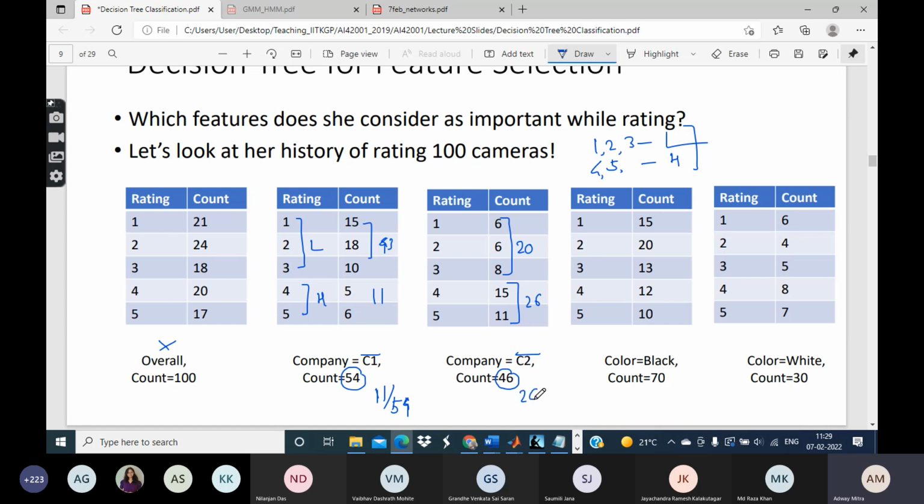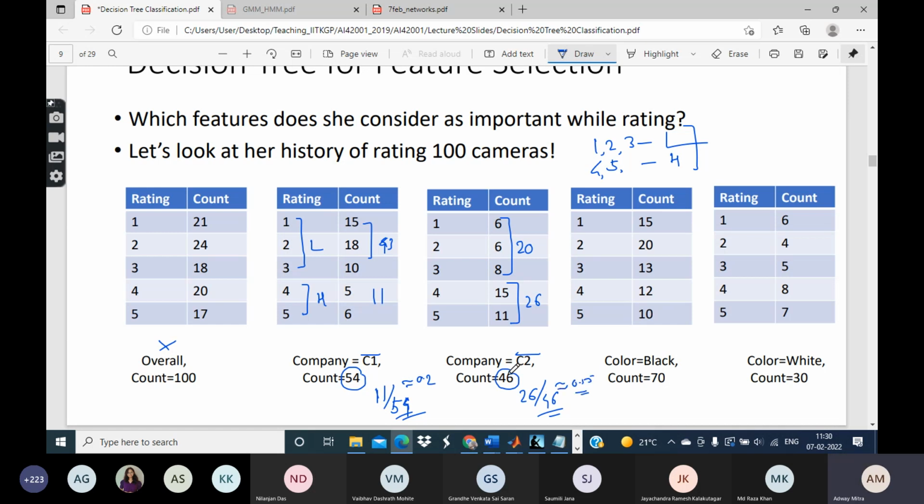So her probability of giving a high rating to cameras from company C2 seems to be considerably larger, more than 50%, certainly more than 11 by 54. Here it was just about 20%, and in this case, it is well above 50%.